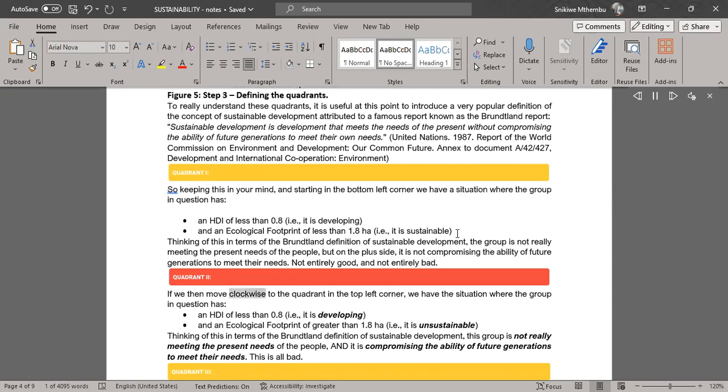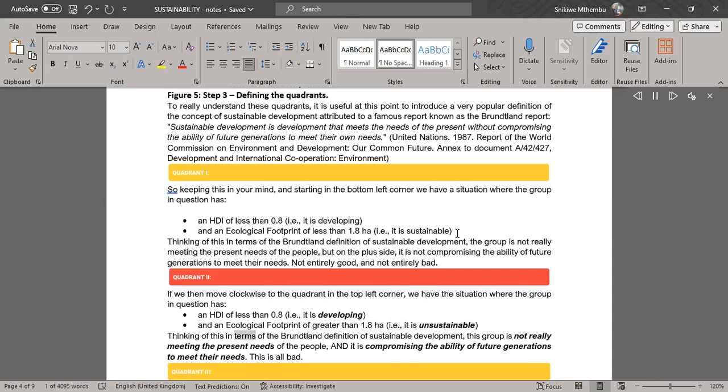If we then move clockwise to the quadrant in the top left corner, we have the situation where the group in question has an HDI of less than 0.8, i.e., it is developing, and an ecological footprint of greater than 1.8 ha, i.e., it is unsustainable.